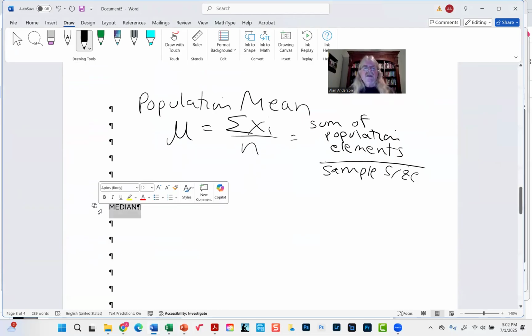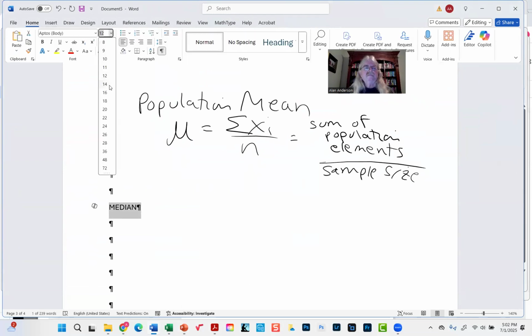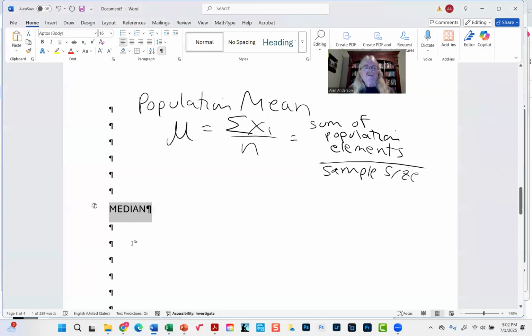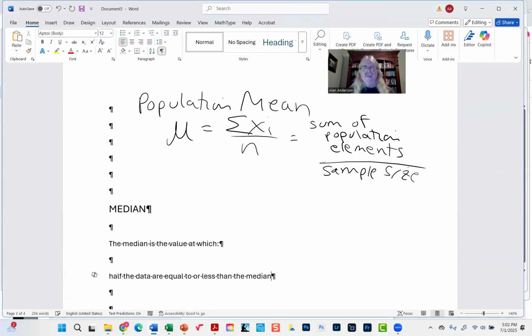Okay, so now we're going to introduce the median. The median is the value at which half the data are equal to or less than the median, half the data are greater than or equal to the median.